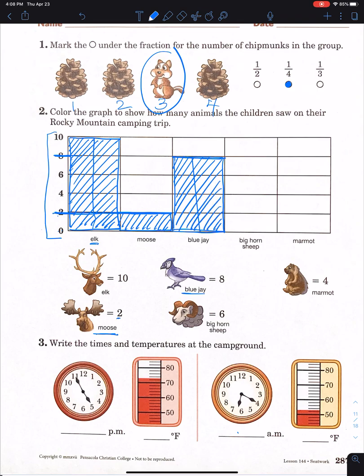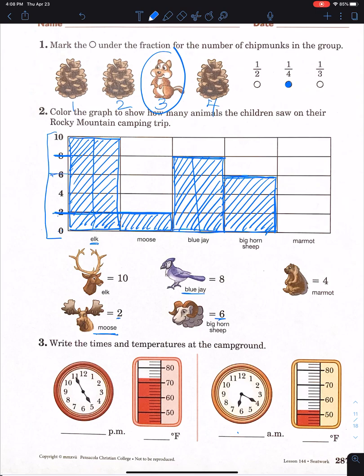Okay, bighorn sheep. They saw 6 bighorn sheep. So let's go find the 6, come across right to there. Okay, and fill in 6. 2, 4, 6. And finally, marmot.